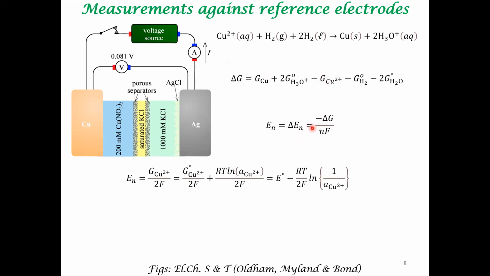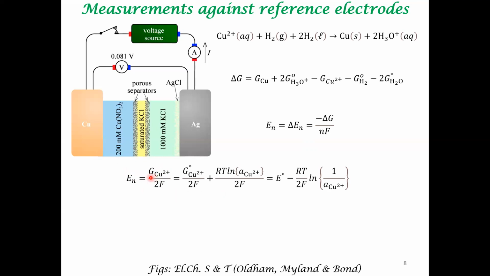Putting this and this relationship together, I can say that En is represented by this equation. So let's understand what this equation is. En is the measurement that I make when Cu2+ is in non-standard condition.